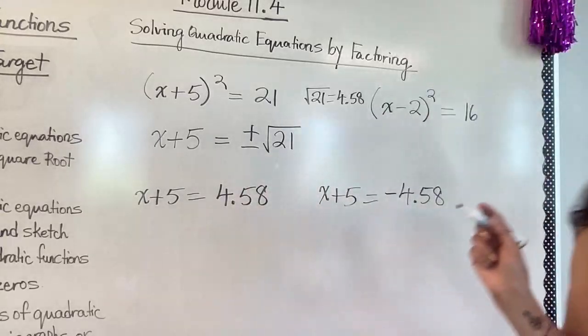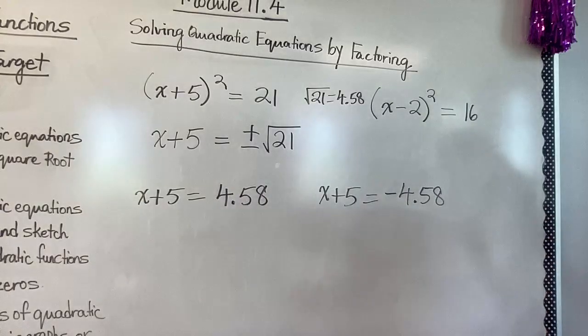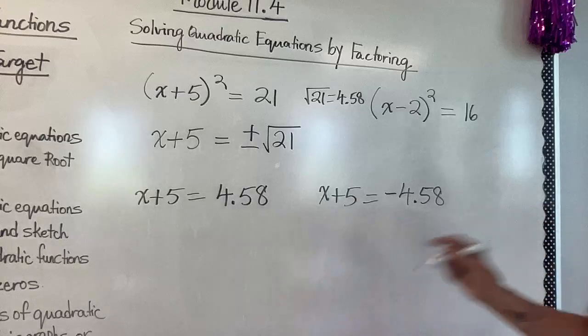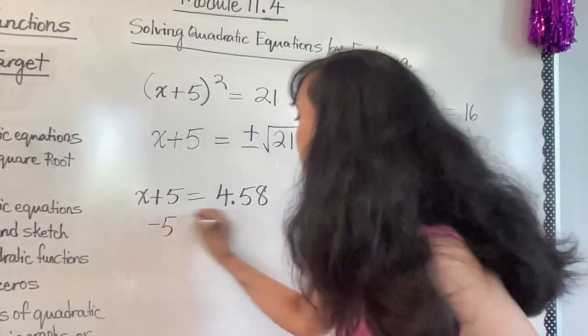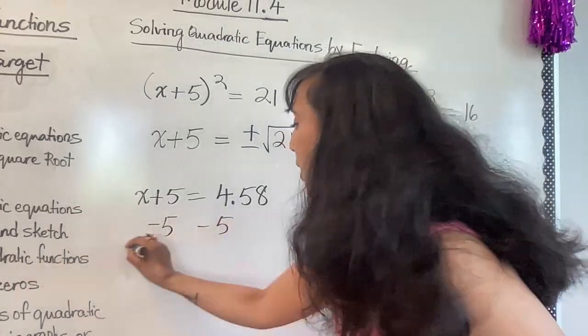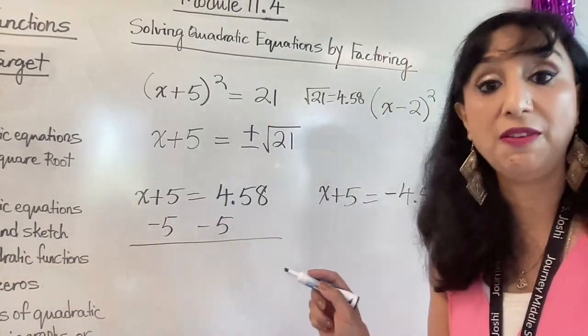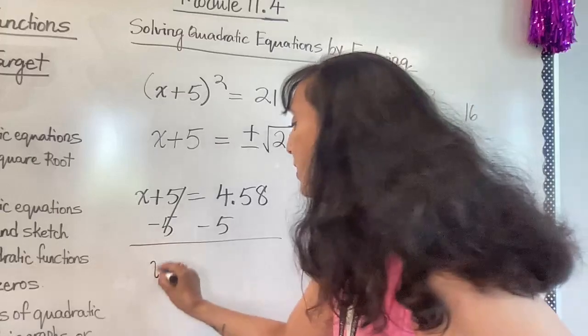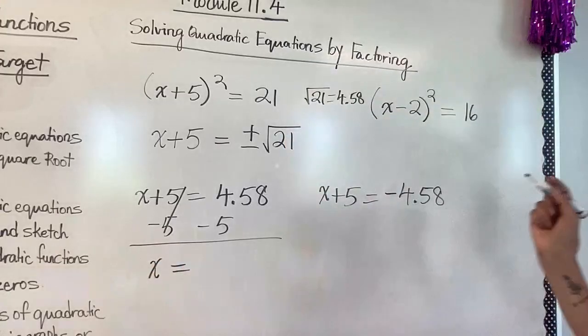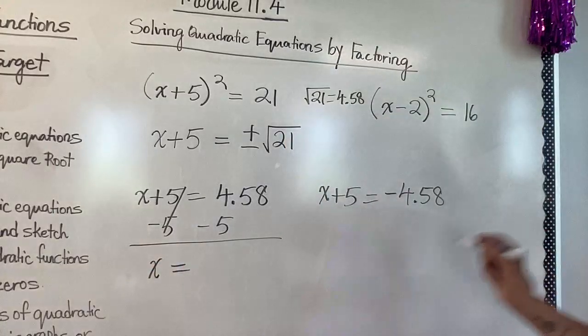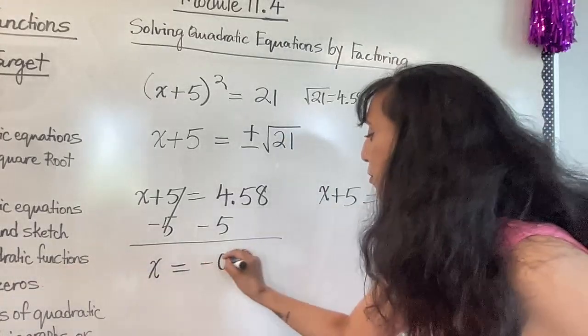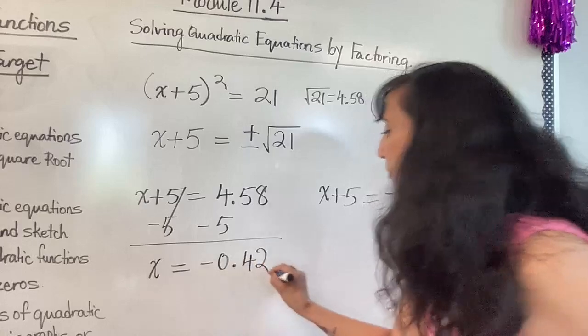And so next I'm going to solve for x. In this case, I'm going to subtract 5, using the subtraction property of equality, and I get x is equal to negative 0.42.